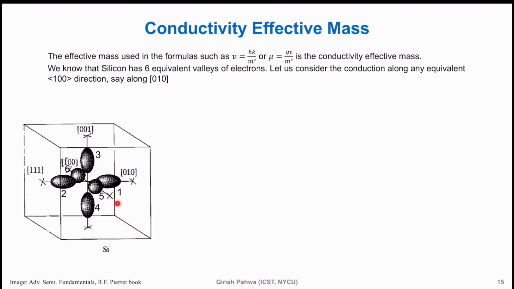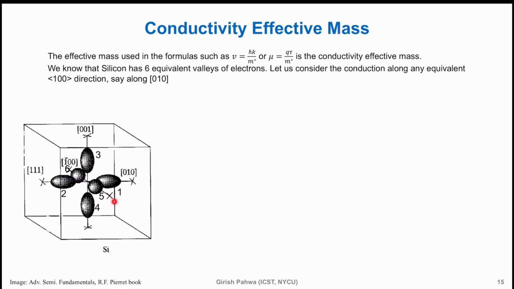I have 6 ellipsoids for silicon. And let me assume that I consider the electron conduction along any of these valleys. Say I apply some electric field along the 0, 1, 0 direction, and I look at the behavior of these electrons in terms of transport. How do they behave?